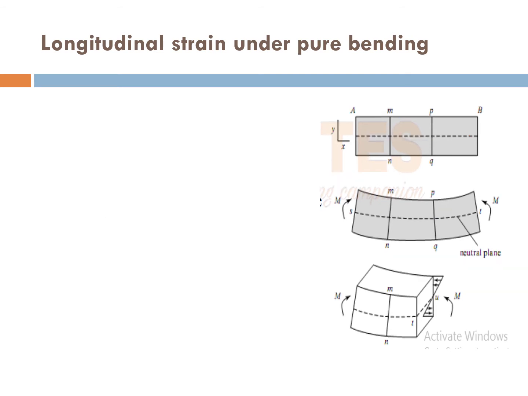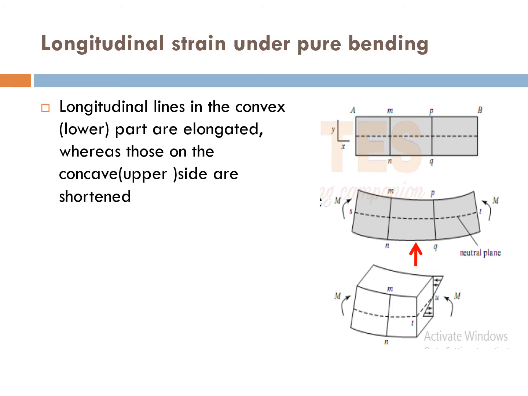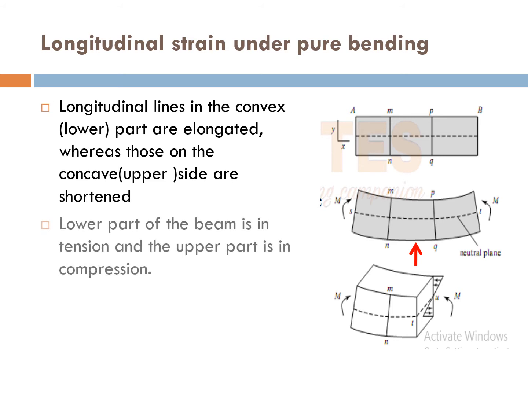So the longitudinal lines in the lower or convex part are elongated, whereas those on the concave or upper side are shortened. The lower part of the beam is in tension and the upper part is in compression.